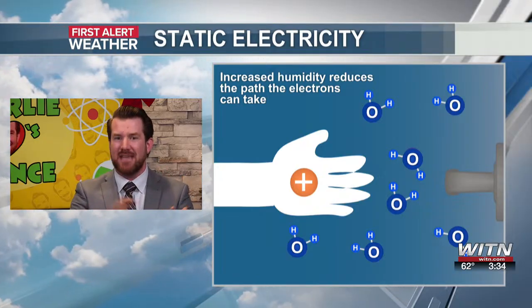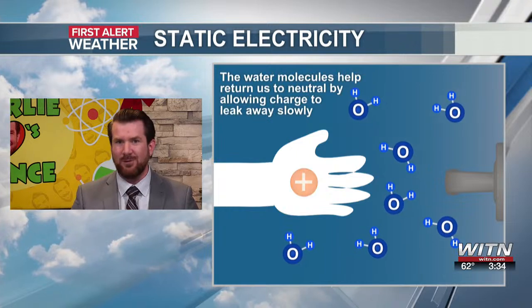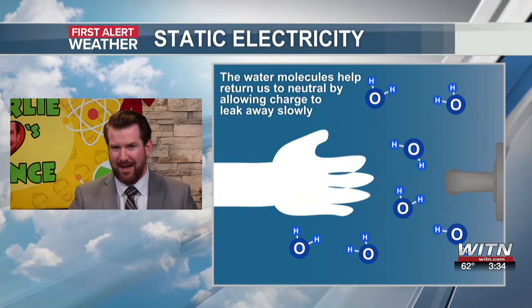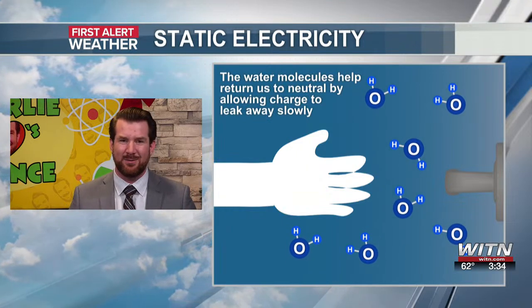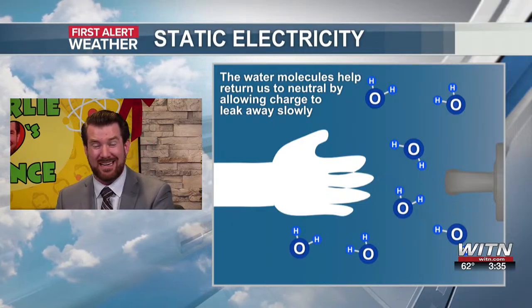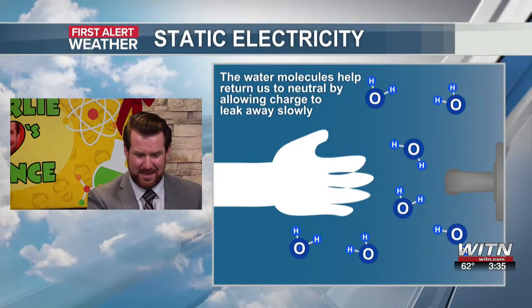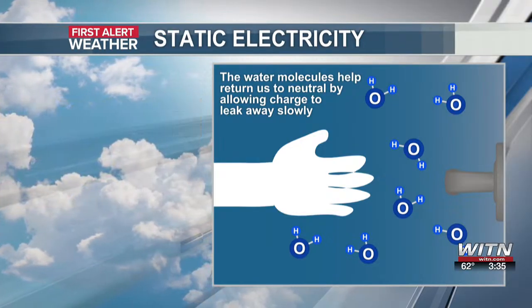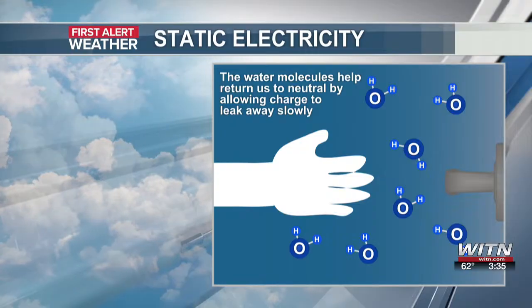That allows that positive charge to slowly dissipate as we spend more time in that humid air. So that is basically a breakdown of why we see more static electricity during the winter months and why we see fewer static shocks during the summer months.